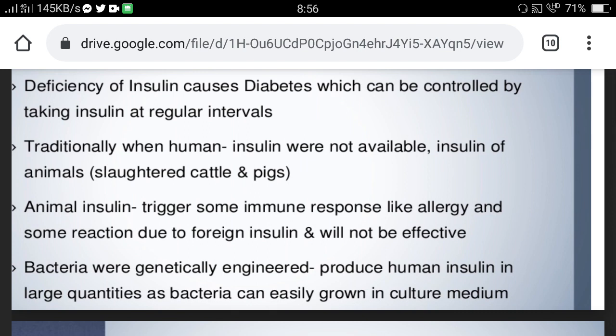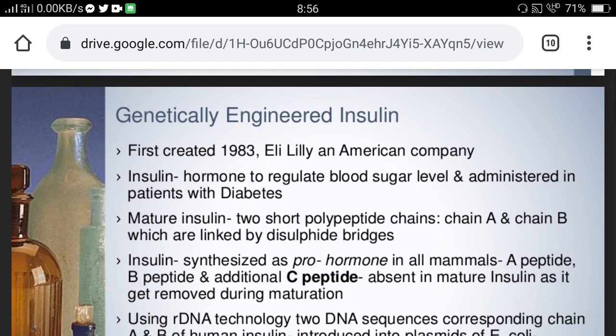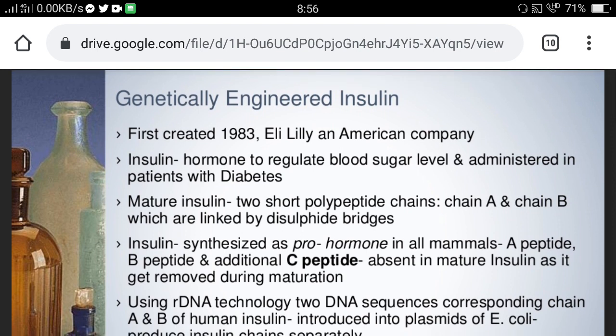Bacteria were genetically engineered to produce human insulin in large quantities, as bacteria can easily grow in culture medium. Genetically engineered insulin was first created in 1983 by Eli Lilly, an American company. Insulin is a hormone that regulates blood sugar level and is administered to patients with diabetes.